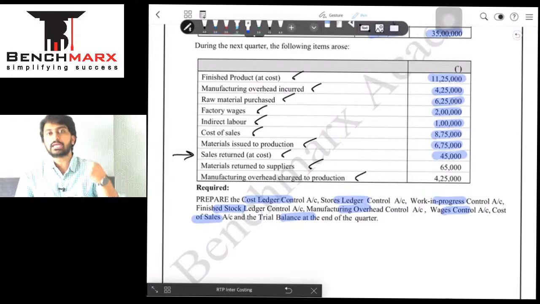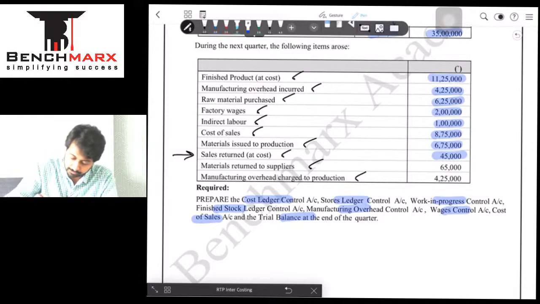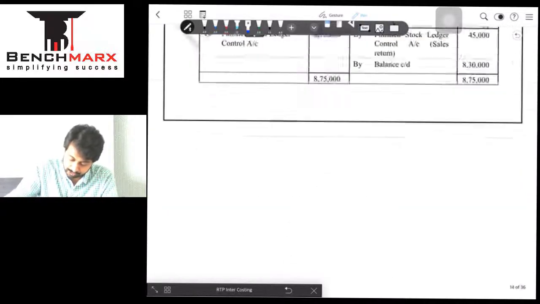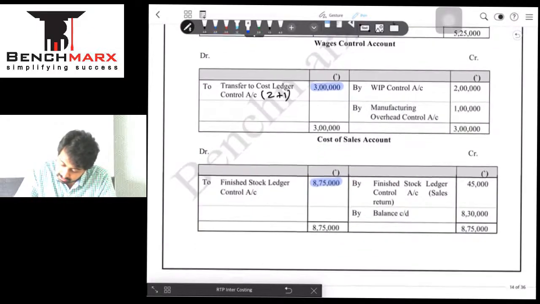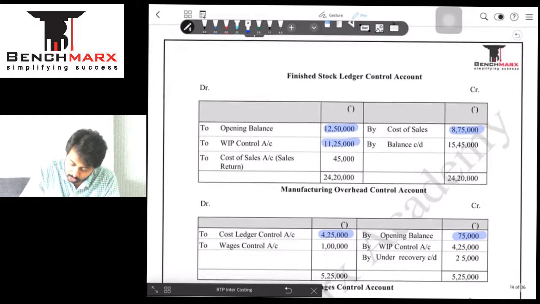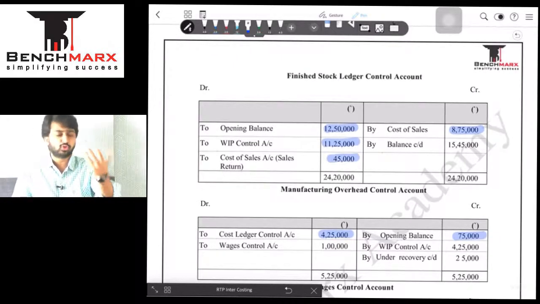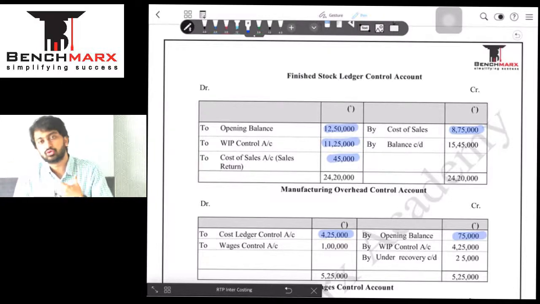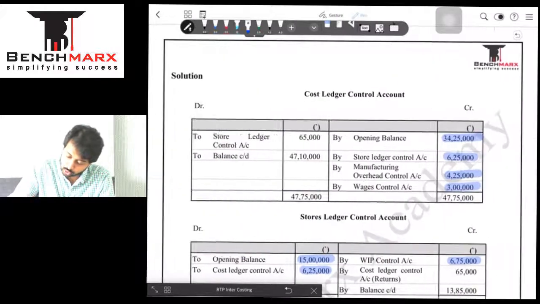Both effects are gone. FG debit because goods are coming in and COS credit because the cost is now reduced as the goods are not sold, they are coming back. So the COS content is also done.